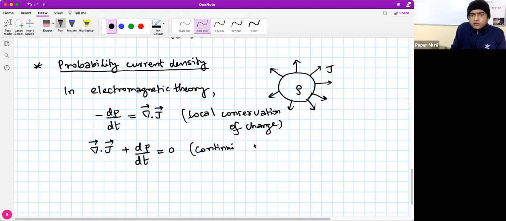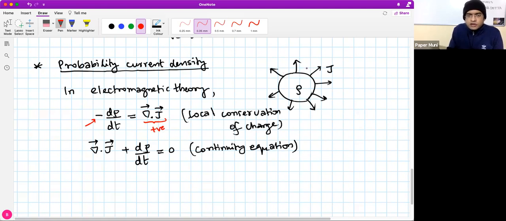The negative sign occurs because ∇·J is positive, since J is flowing outward, while dρ/dt is negative, since the charge is reducing with time as it flows outside the volume. So the negative sign compensates so that both sides are equal.